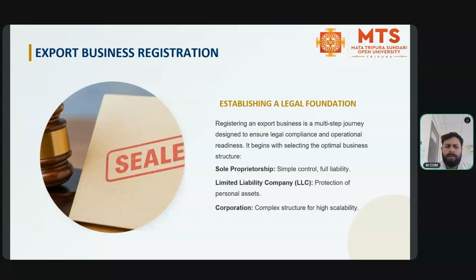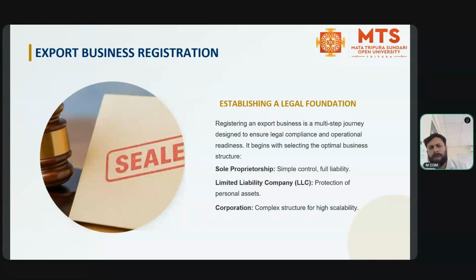If it is a partnership, then whether it is registered or not is to be seen. And here we have talked about the limited liability company, which is also governed under the Companies Act 2013. Protection of personal assets means apart from your personal assets, only company assets can be used.